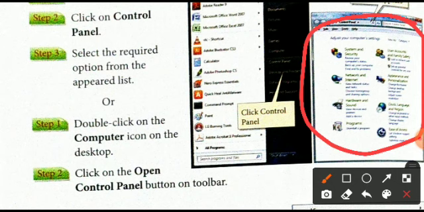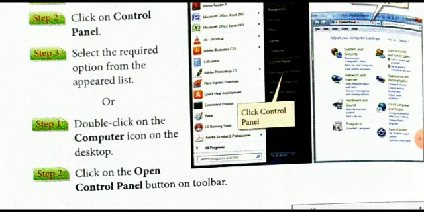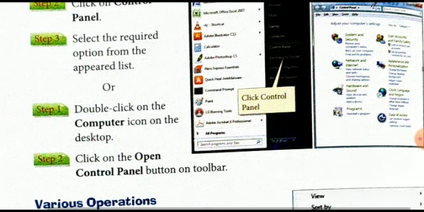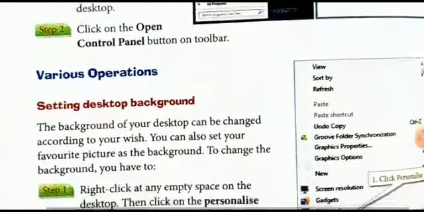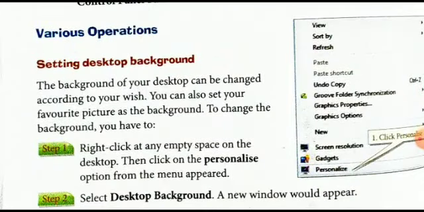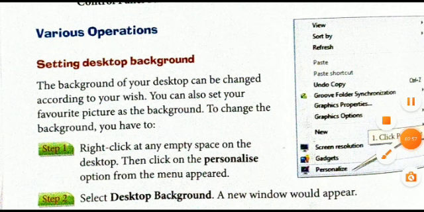We can change the appearance of your windows. User account, you can create a user account or password for your login information, and you can also use ease of access option, for example on screen keyboard. So there are various options that are available in control panel.